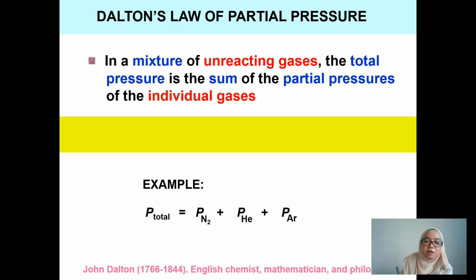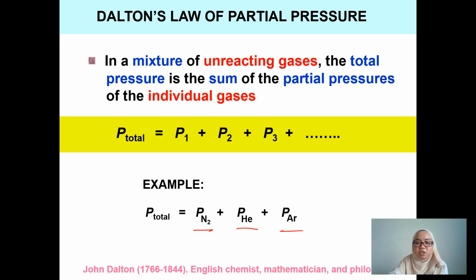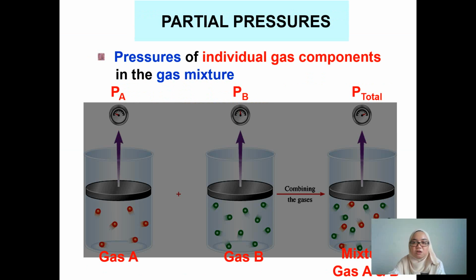Okay, so for example, we have P total equal to the pressure of nitrogen gas plus the pressure of helium gas plus the pressure of argon gas. All these are gases that do not react with each other. So P total is equal to P1 plus P2 plus P3. Okay, so this is Dalton's law. So what is partial pressure?